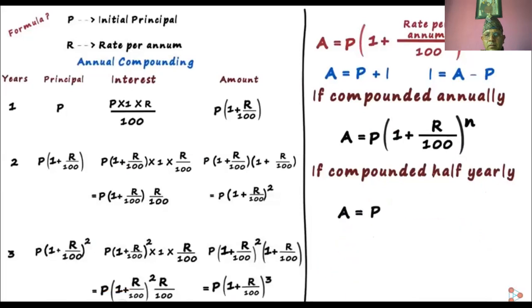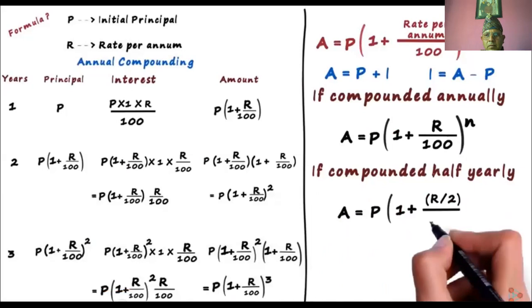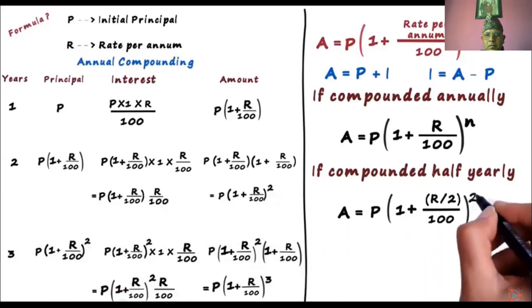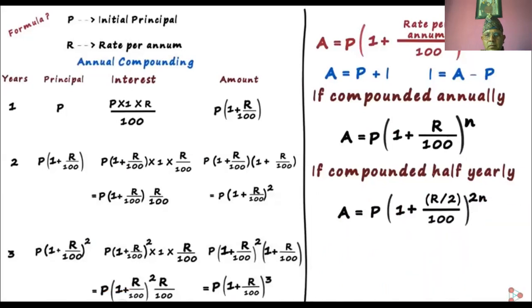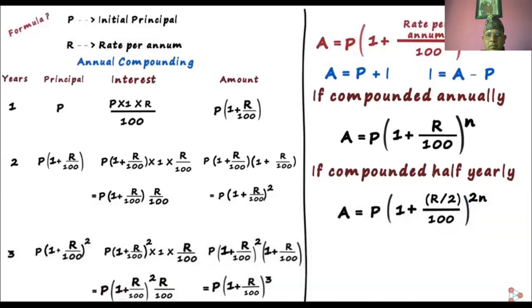So the amount will be P multiplied by 1 plus R by 2 divided by 100, the whole raised to 2n. How did we get this? The rate is divided by 2 since we are calculating interest for 1 half year at a time, and the time periods are doubled as each year has 2 half years.